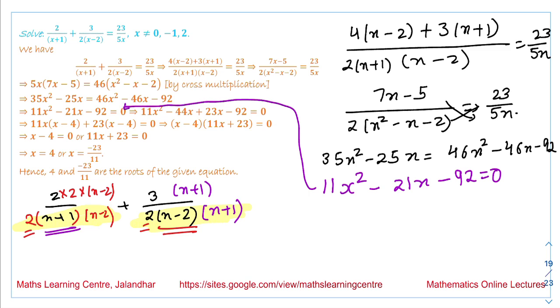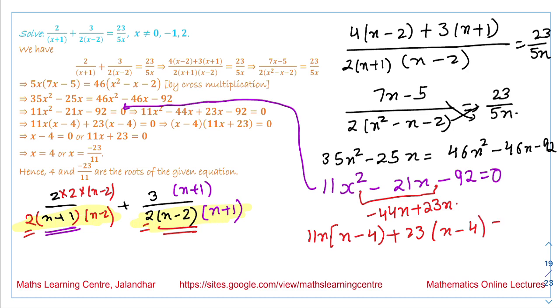On splitting the middle term, we find the factors as minus 44x plus 23x. By taking 11x common from these two terms, we are left with x minus 4. Then 23 common from these two terms, it is x minus 4 equal to 0.